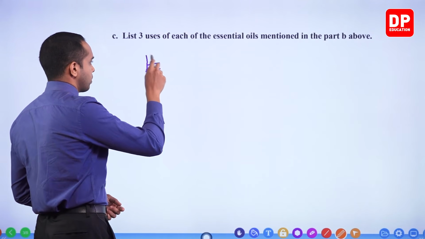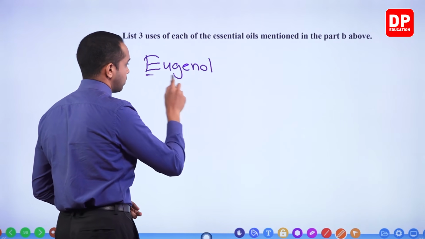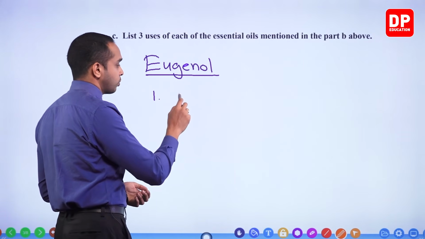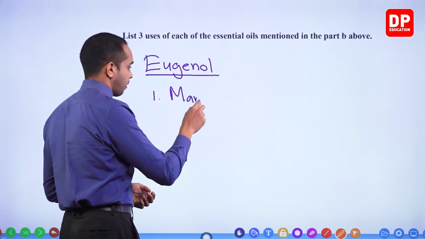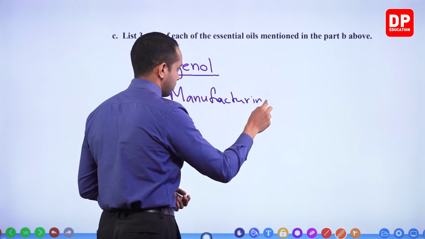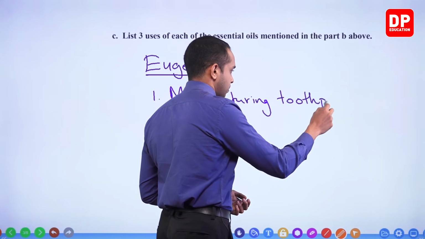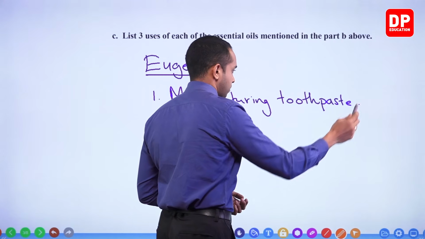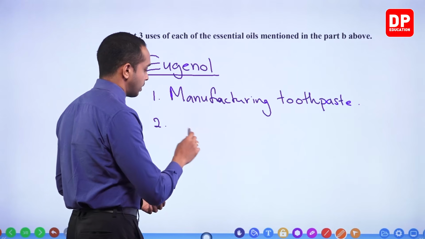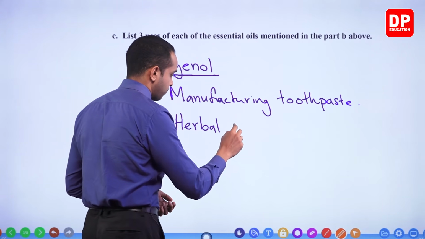Eugenol is used when it comes to manufacturing toothpaste, in herbal medication, in herbal medicines.